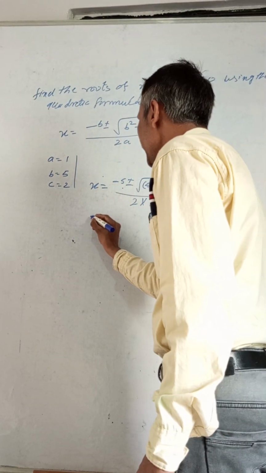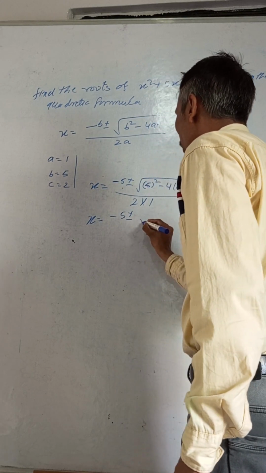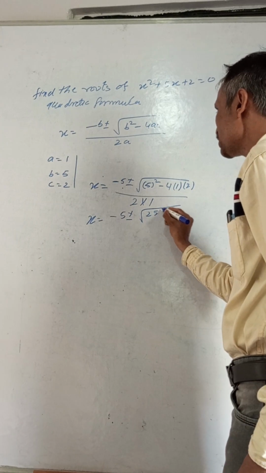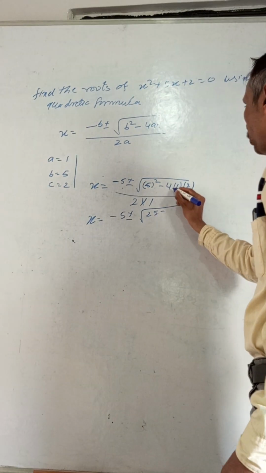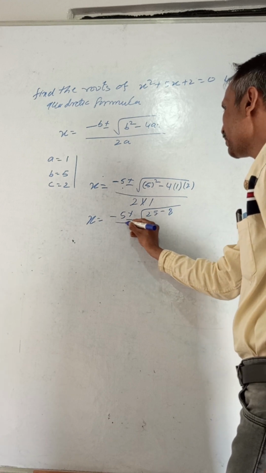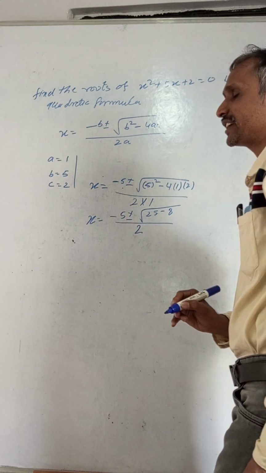We can write it like this: x is equal to minus 5 plus or minus root of 5 square, 25, minus 4 times 1 times 2, which is 8, by 2 times 1, which is 2.